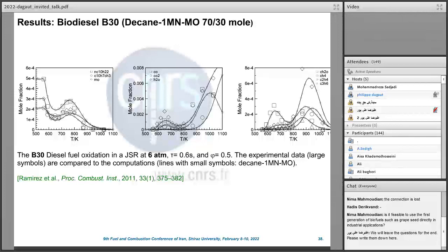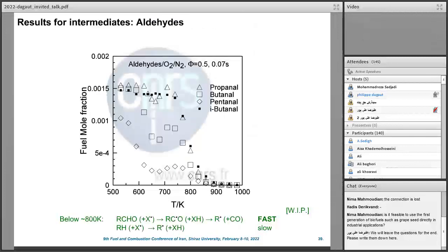And you can believe me, if we were oxidizing butanol alone, we wouldn't be able to observe this cool flame. So this cool flame is really due to the interaction between the two fuels. And similarly to what we showed before, we have all these unsaturated esters which can be released in the atmosphere.